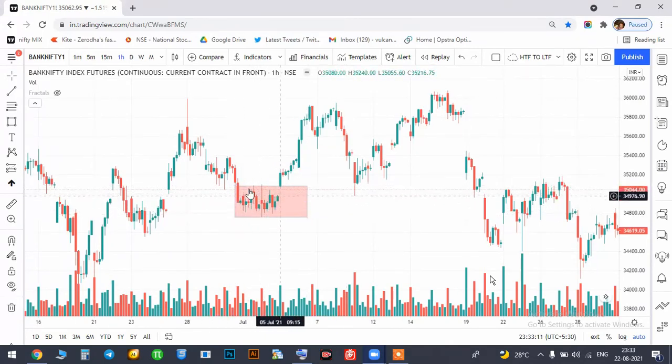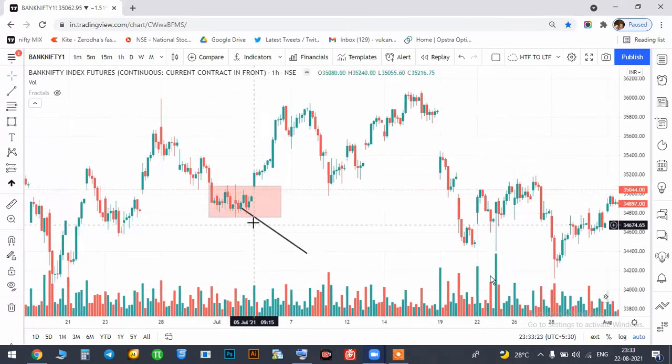No. You can always sell the option, because if it goes in the opposite direction, you will still end in profit, because your stop loss is below this. And when it hits your stop loss, you have already gained your theta decay.